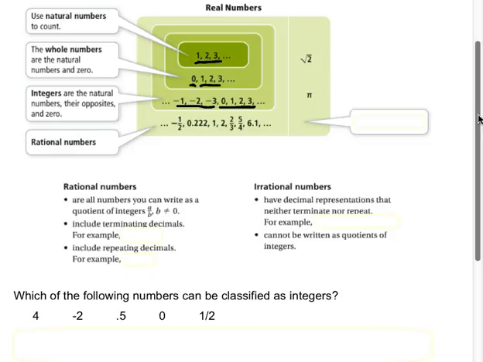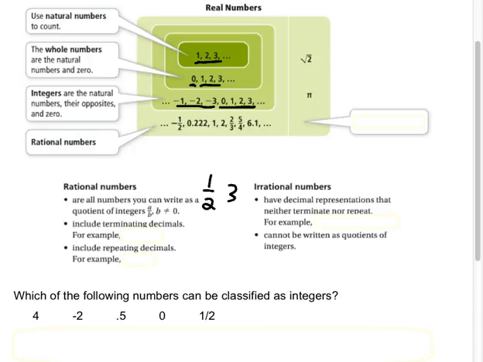A fraction of two integers means numbers like 1/2. Even a number like 3 would count because you could write that as 3 over 1, right? So 1/2 and 3 are both good examples of rational numbers.